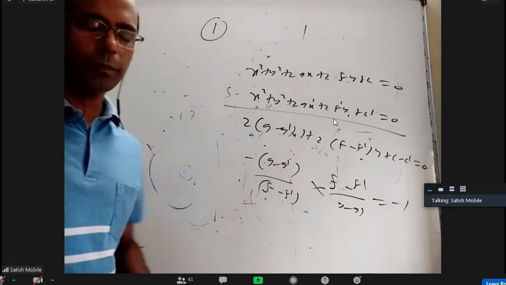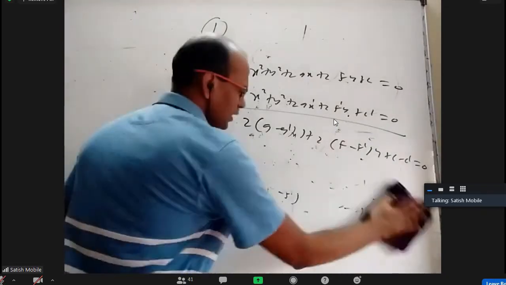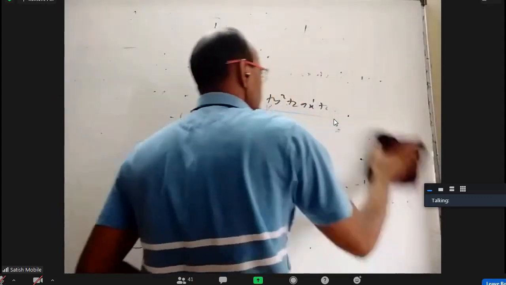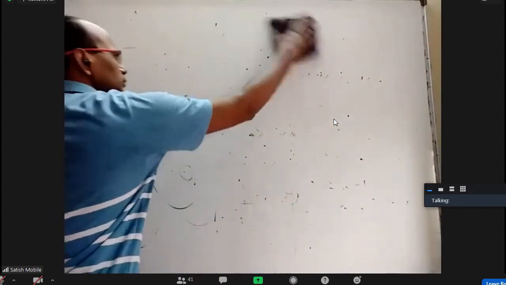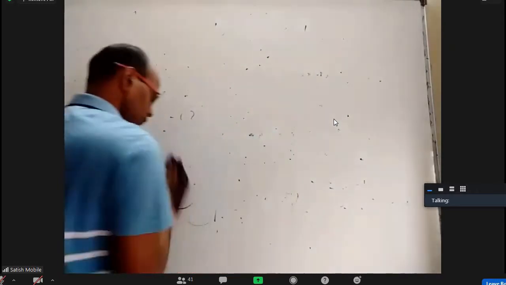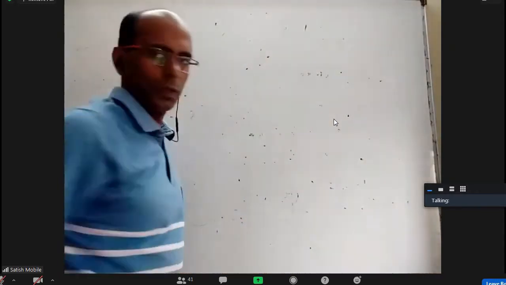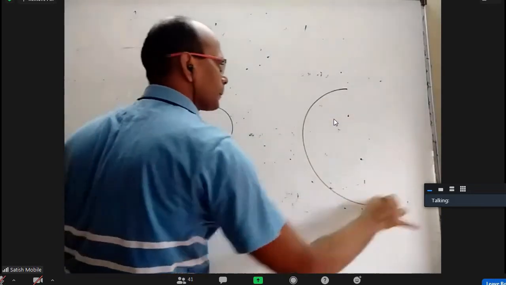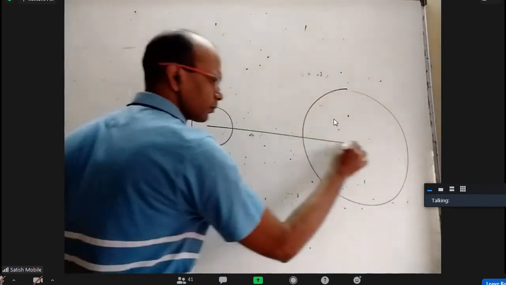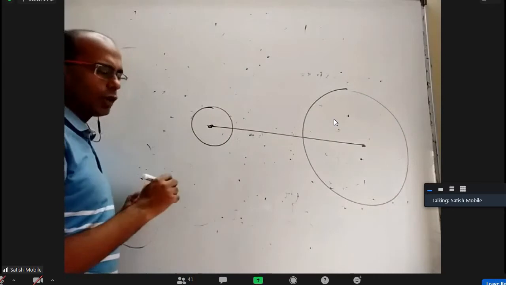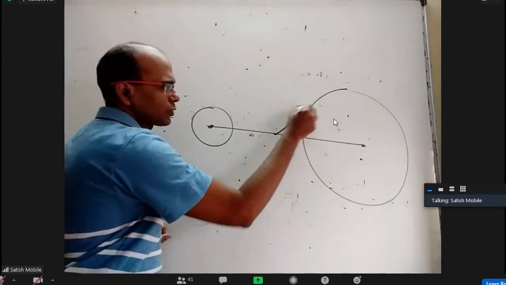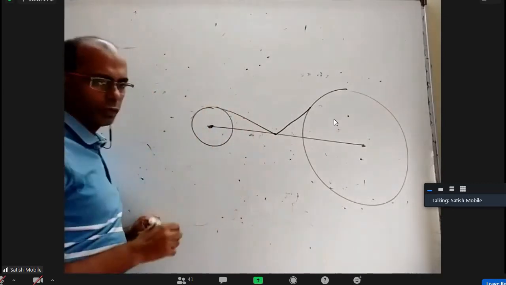Right? Any other place? So I want to give another explanation by pure geometry. Okay, see, let us say I have two circles. Somehow I know one point here from where the length of tangent to this circle and the length of tangent to this circle are equal.